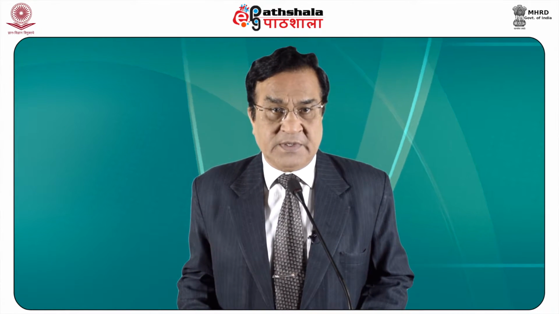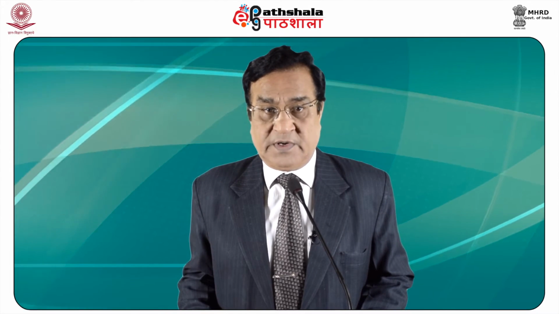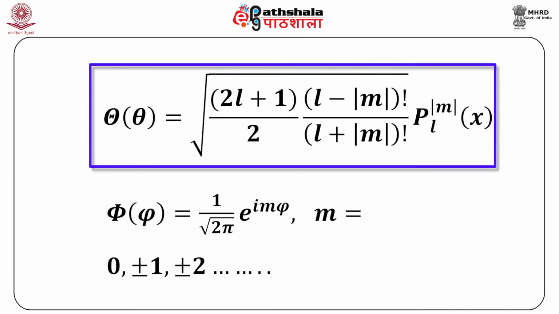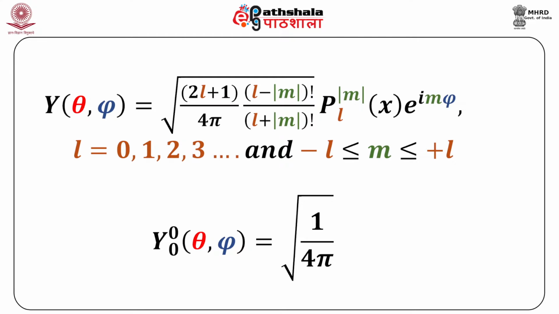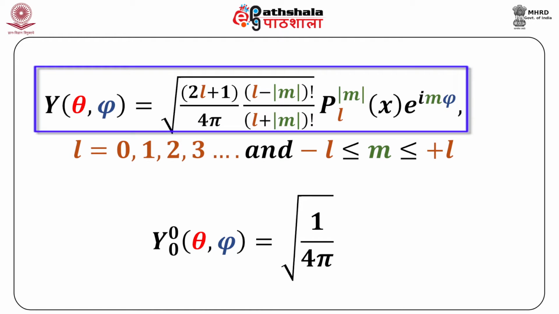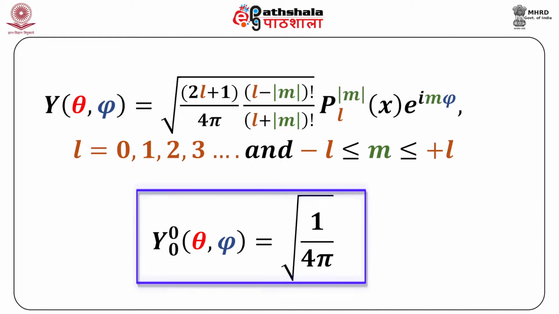You already remember we have already found out an expression for theta function. We have also found out an expression for the phi functions, and ultimately from theta and phi functions we found out the values of Y theta phi, which is the spherical harmonics, and we also saw that for s orbitals, that means Y 0 0 theta phi is equal to 1 upon under root 4 pi.